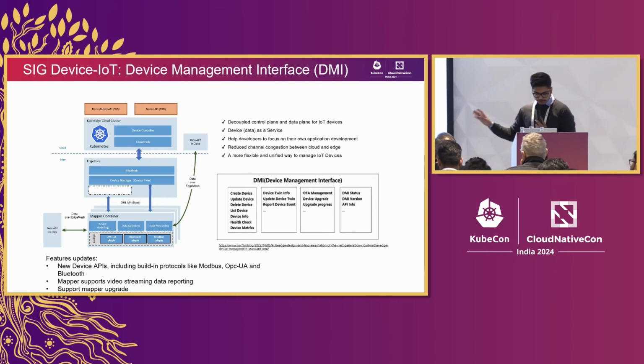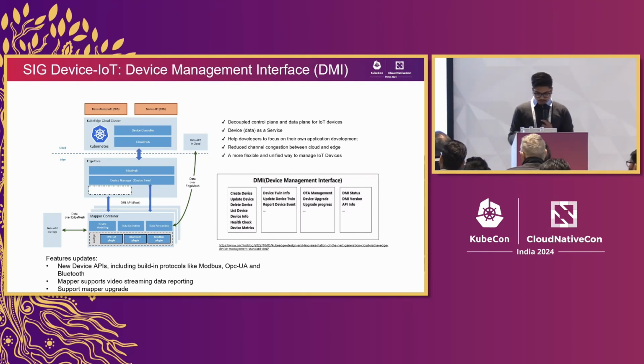If you look at the diagram, you'll see this mapper, which is doing all the heavy lifting of working with different protocols like Modbus, Bluetooth, etc. And this would provide the data to the application at the edge. Some features of DMI are, firstly, lifecycle actions like creating, updating, and deleting a device.